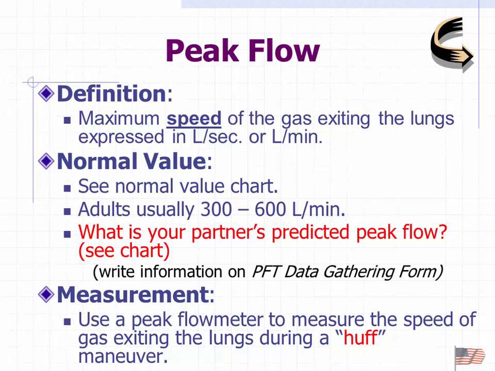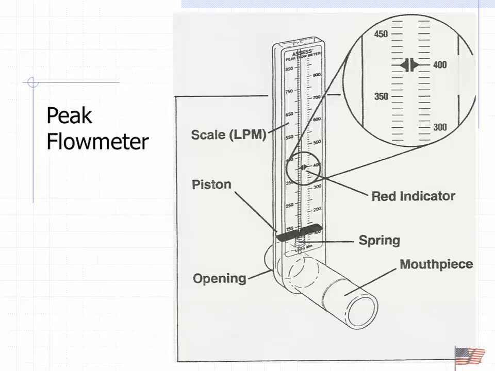So we do what is called a huff maneuver, as I just demonstrated. Deep breath in. What's the speed of the gas as I'm exhaling there? This is an example of a peak flow meter that we will be using.